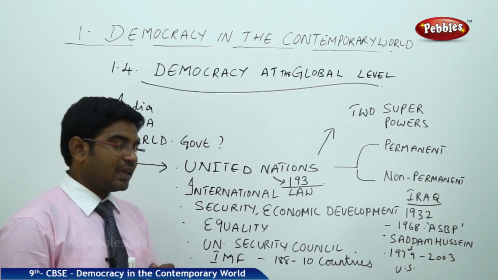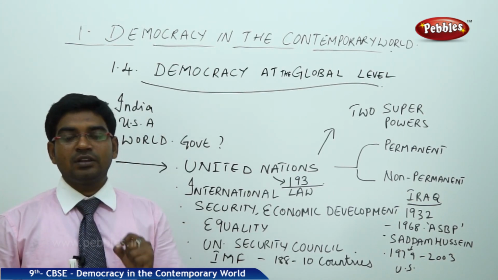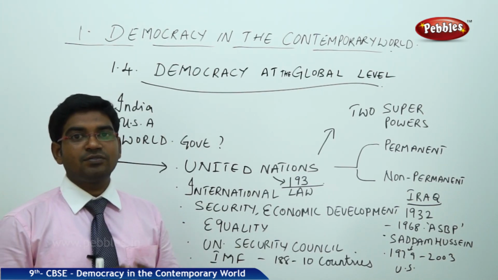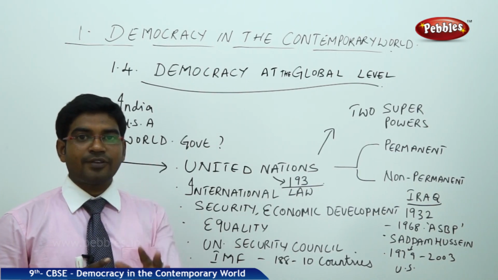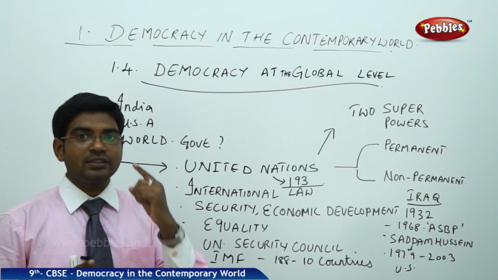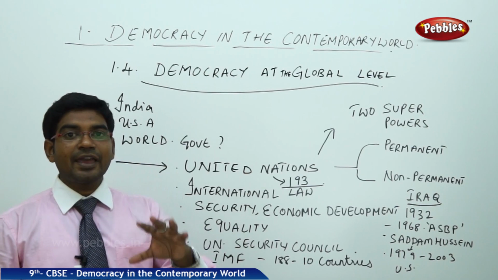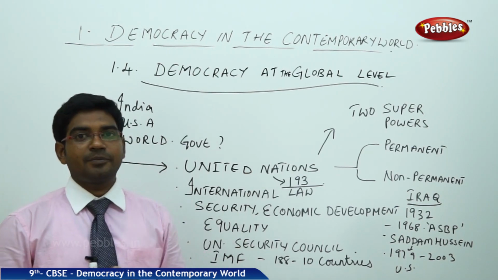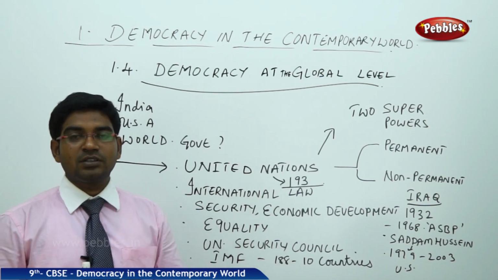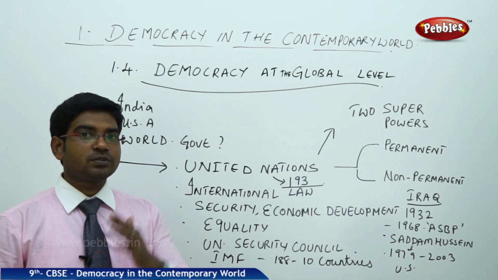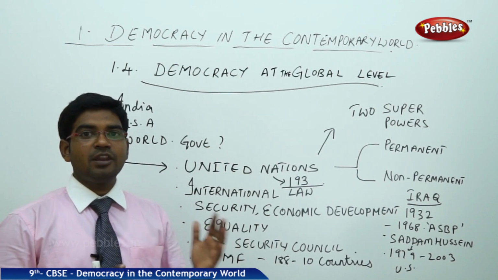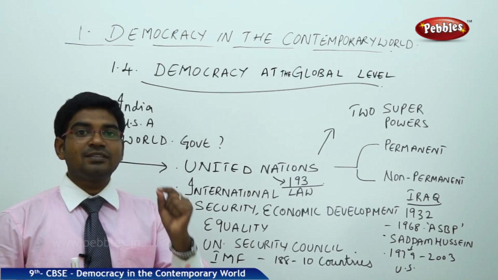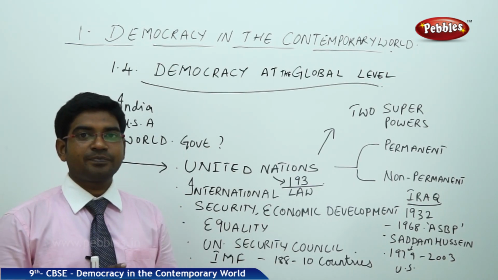Then we also have the UN Security Council, which has 15 members, of which 5 are permanent members and 10 are non-permanent members. The 5 permanent members have a special power known as veto power. Veto power means that suppose the 193 countries are in a meeting and a discussion is to be cancelled.